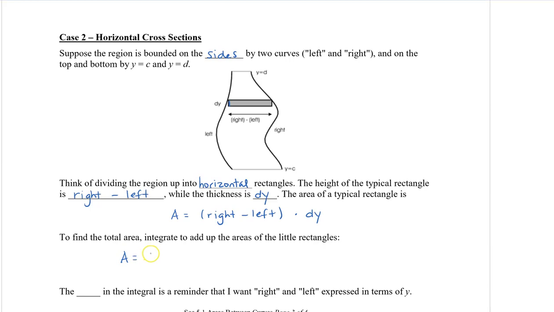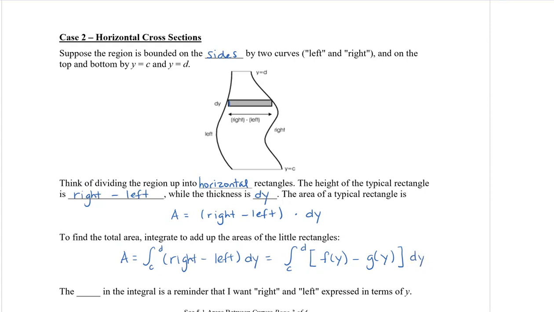This will give us A is equal to the integral from c to d of right minus left times dy, which is now equal to the integral from c to d, and instead of using right and left, I'm going to say this is f of y minus g of y, and then dy.